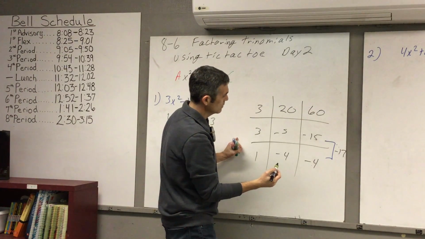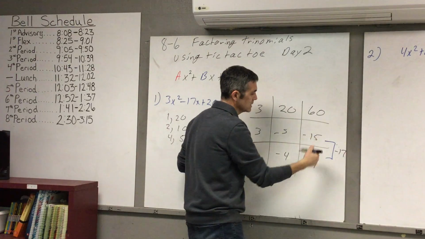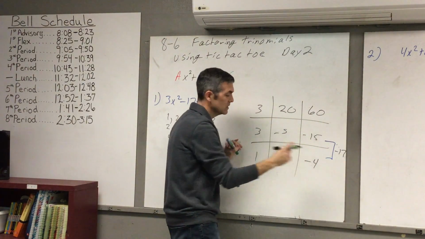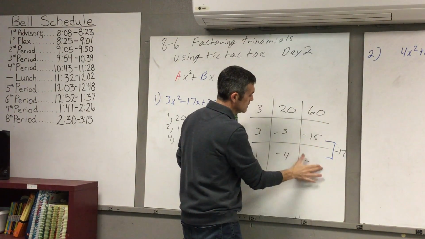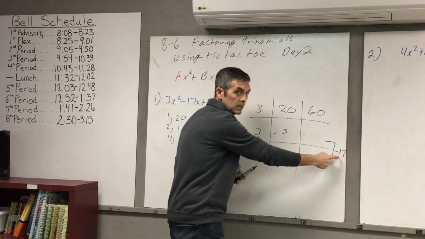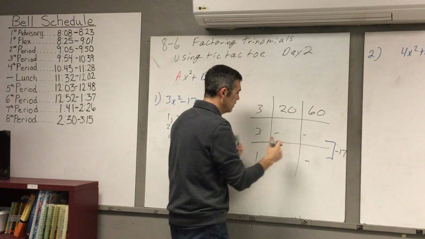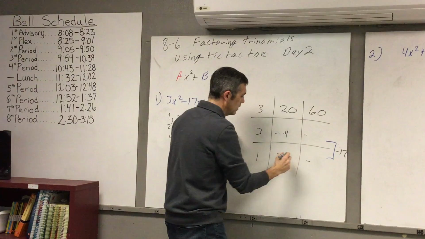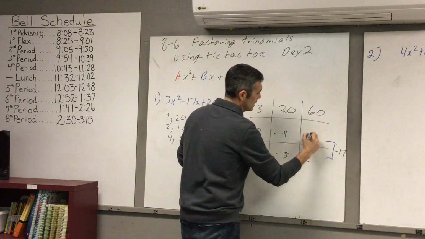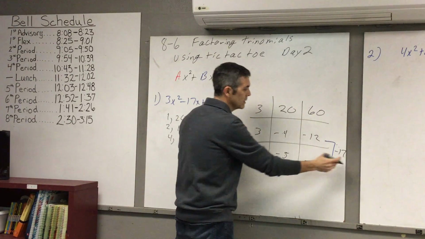Or, wait, 4 times 5 is 20, yeah. Oh, it does multiply to get 60, but it doesn't add to get negative 17, sorry. Paying attention to what I'm doing. Okay, so this wouldn't have worked because it doesn't add up here, okay? But whenever I move them around, the 4 and the 5, that gets me the negative 12, that gets me the negative 5, add them together, that gets here.